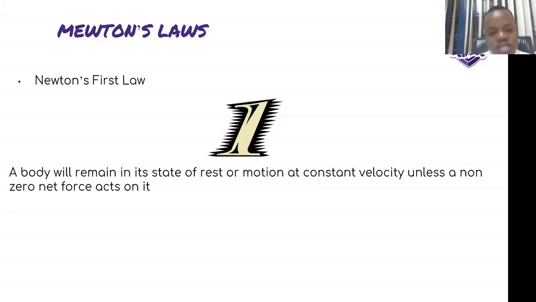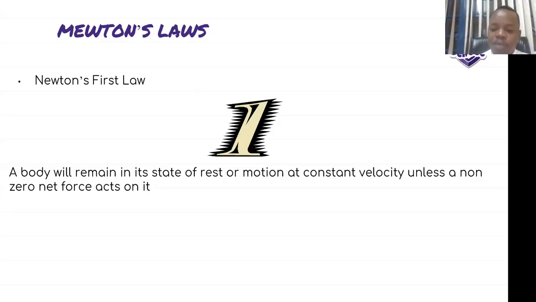In other words, when the net force is greater than zero, meaning a force is being applied on this object that gives a net force greater than zero, then this object will start to accelerate. Or that body will move at a constant velocity.